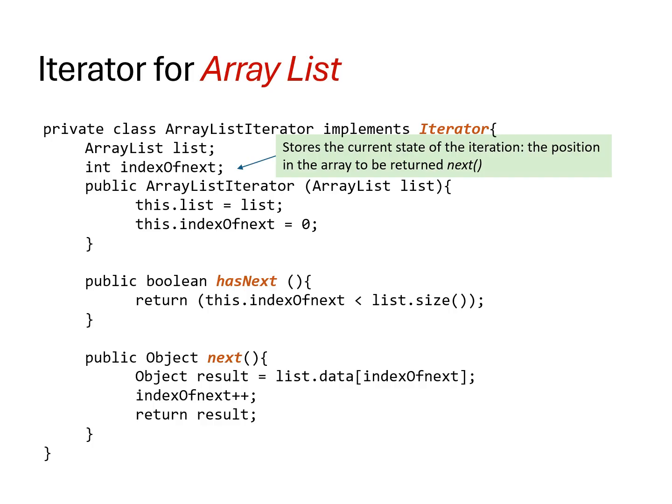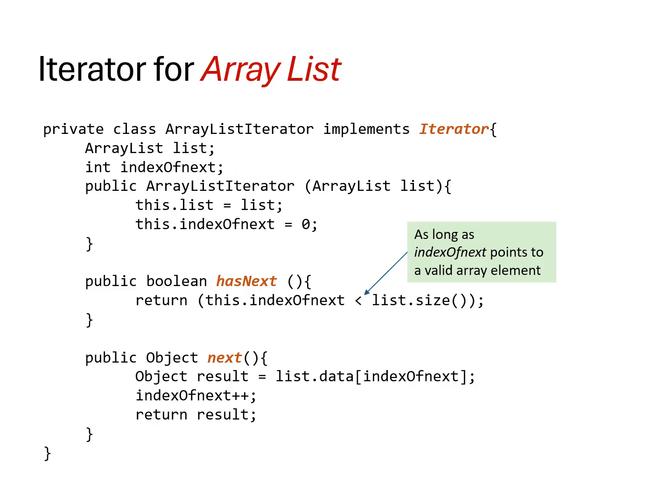The variable indexOfNext stores the current state of the iteration, the position in the array to be returned by next. The hasNext checks that the indexOfNext is within the valid bounds.